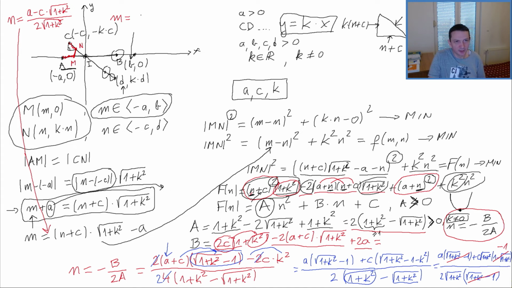We obtain an even simpler formula. For m we obtain c times square root of 1 plus k squared minus a, over just 2.